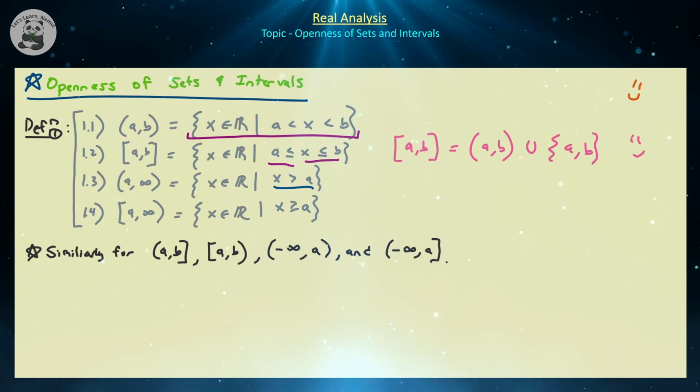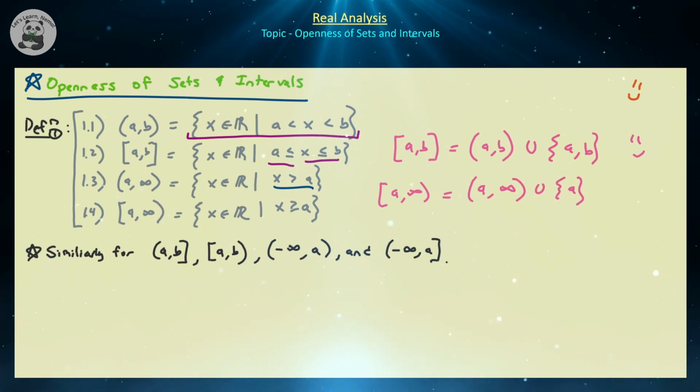So similarly to before, bracket a, infinity can be viewed as parenthesis a, infinity unioned with the number a. And usually people do not put brackets on the infinity boundaries, but if they do, usually they're talking about the extended set of real numbers, if that is the conversation you're having.